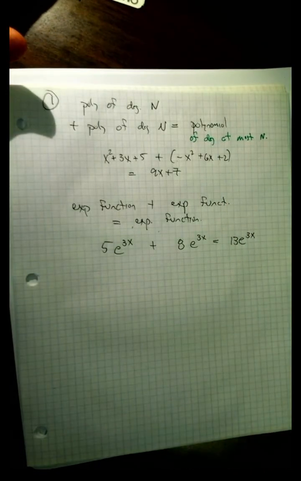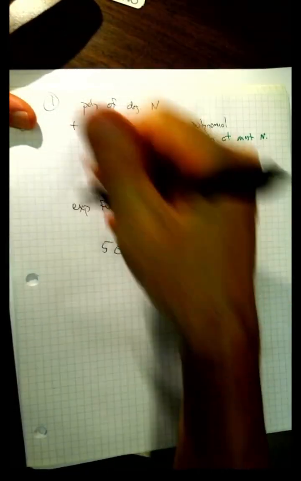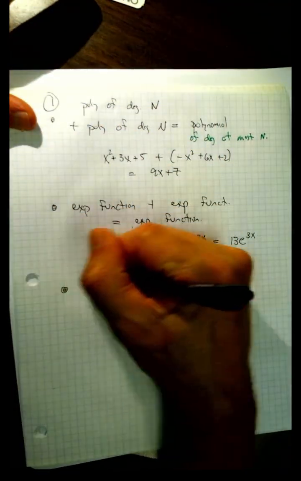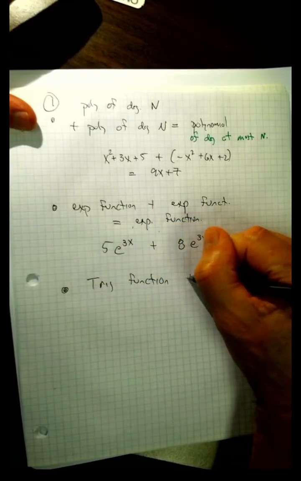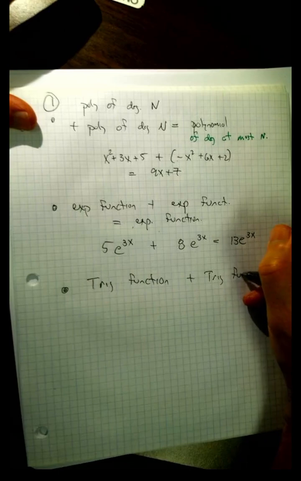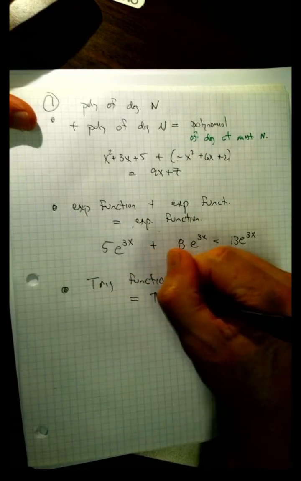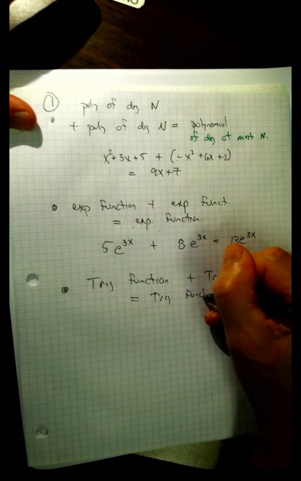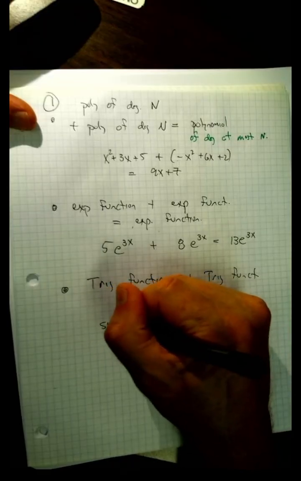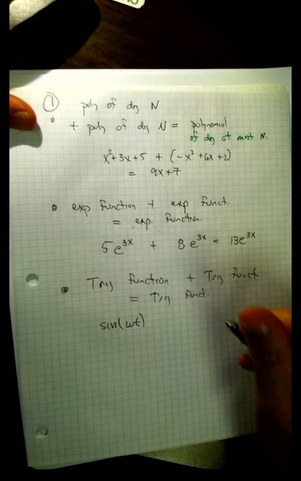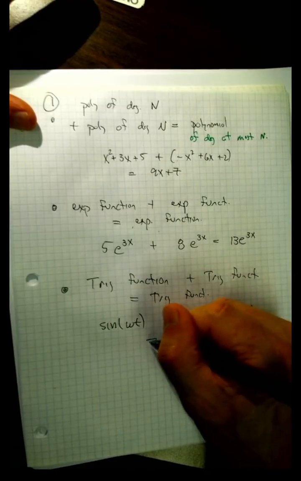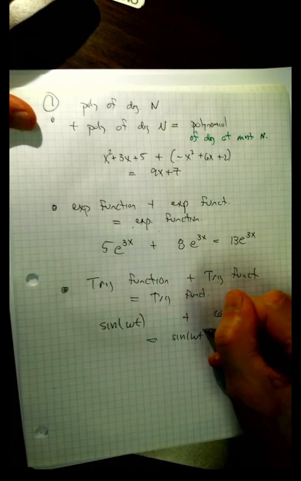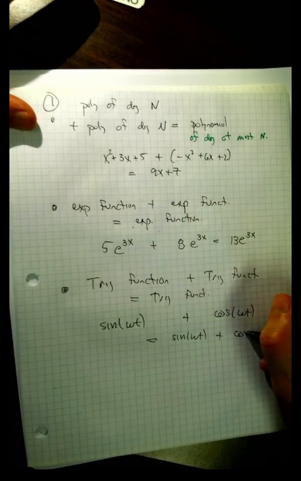So those will stay the same. If you take a trig function and add a trig function, you're going to get a trig function. In particular, if you take a sine and add a cosine, you're going to get sine plus cosine.